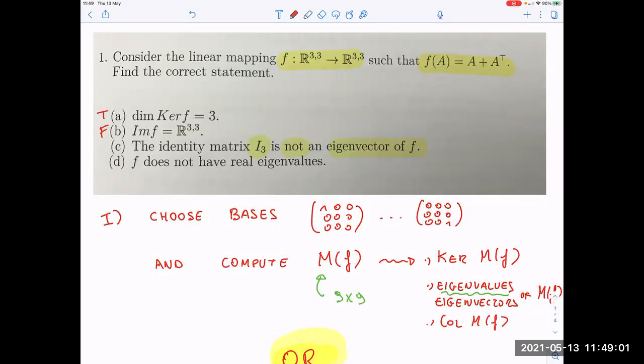Well, being an eigenvector is equivalent to the fact that F of I3 is equal to a multiple of I3, so it is equal to lambda I3. So being an eigenvector means that F of I3 is lambda I3 for some lambda, right? So can you compute F of I3 for me? What do you get?